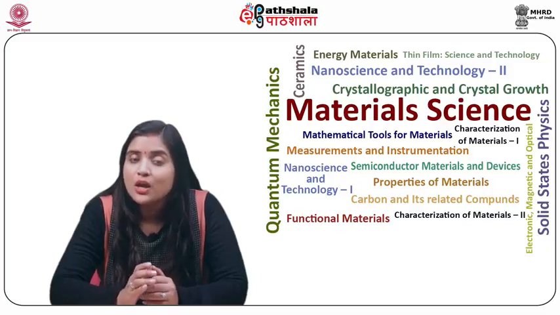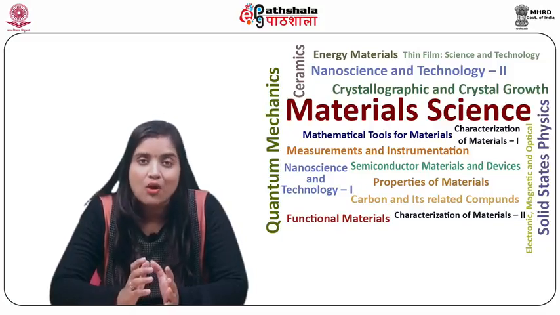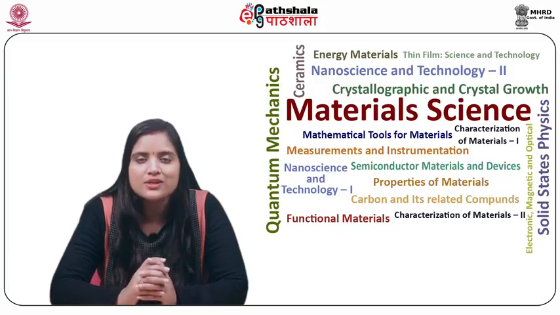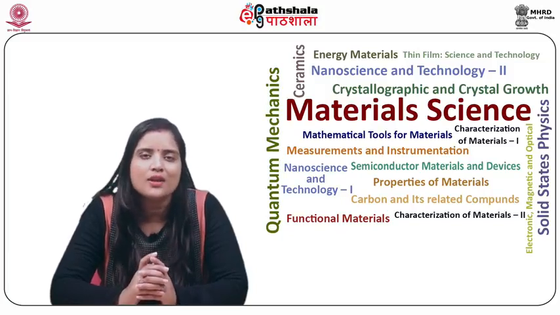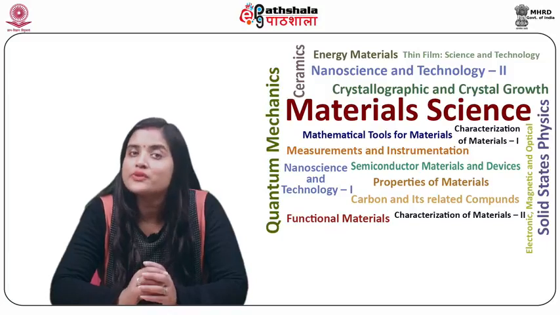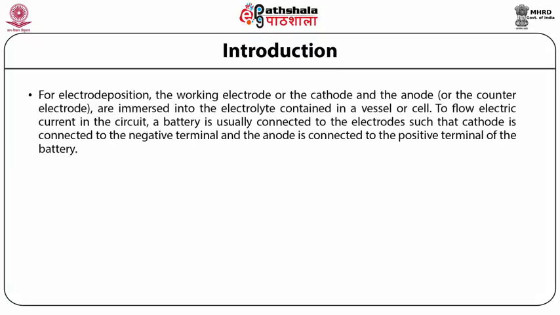The solvent can also be an organic or ionic solid for specific electroplating processes. For electrodeposition, the working electrode or the cathode and the anode or the counter electrode are immersed into the electrolyte contained in a vessel or cell.